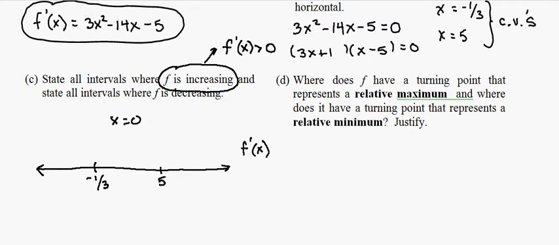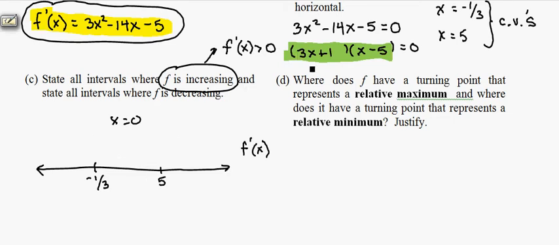Now, there's no question that we could substitute that into our derivative equation right here. But the vast majority of times, if we want to evaluate a derivative and we have it in factored form, it's best to just substitute it into that. And we'll see why in just a moment.